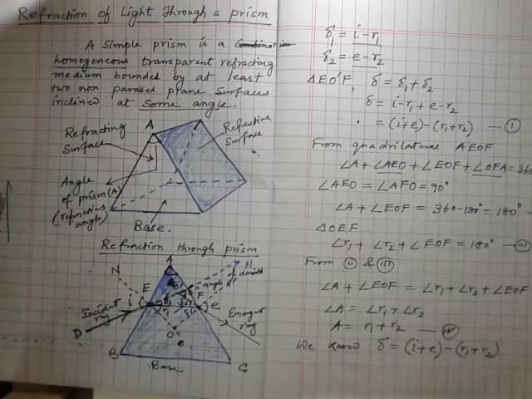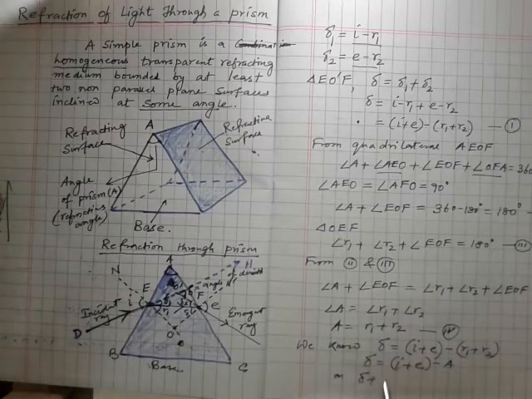Now R1 plus R2 is A, so delta is equal to I plus E minus A, or delta plus A is equal to I plus E. So that also you can prove from here.